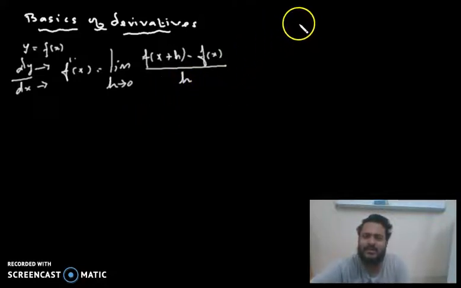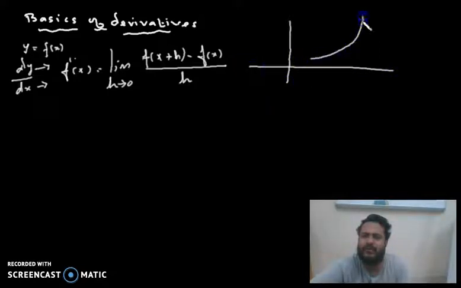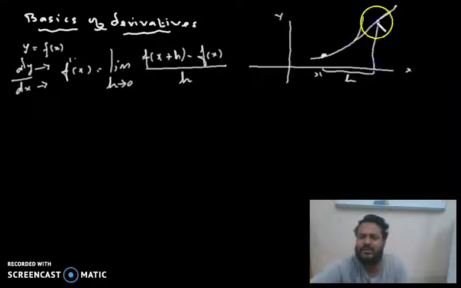Let's consider a graph. This is a graph having x-axis and y-axis. And here it is x. Consider a distance h. Take the curve like this and take another point. It is x plus h. You know this function is y is equal to f of x.